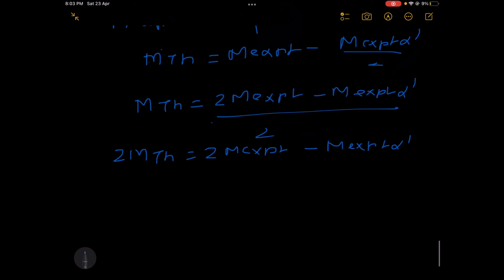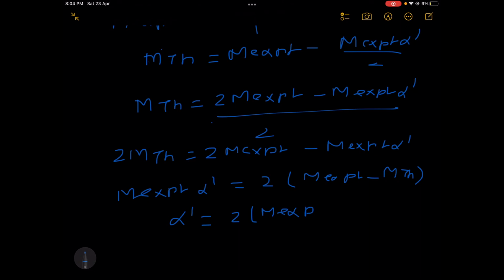So M experimental into alpha dash is equal to 2 M experimental minus M theoretical, and alpha dash will be equal to 2 M experimental minus M theoretical by M experimental. This is how we find the degree of association.